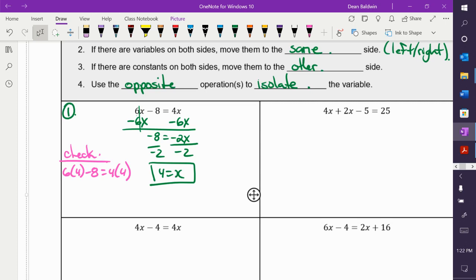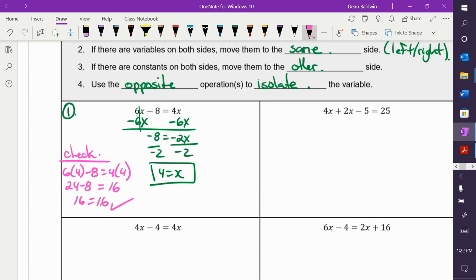What's 6 times 4? 24. What's 4 times 4? Okay. What's 24 minus 8? Does 16 equal 16? So you did it right.